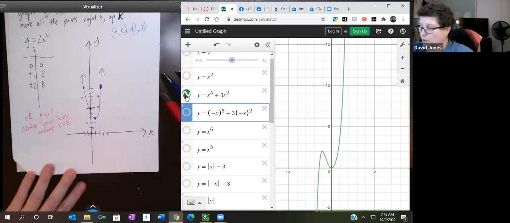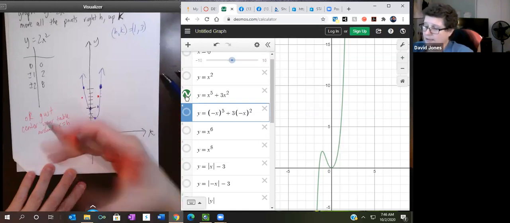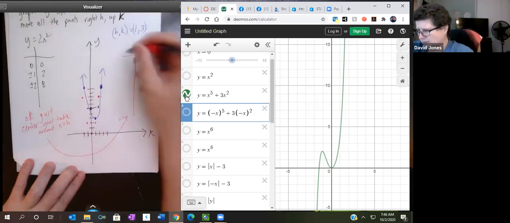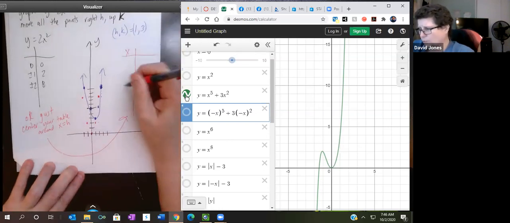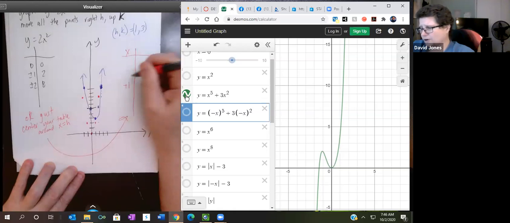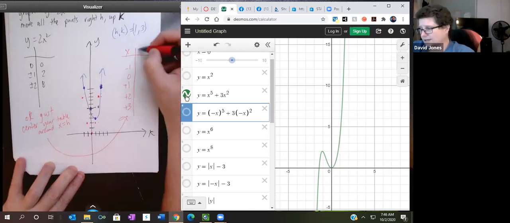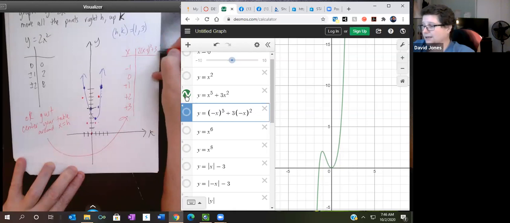H here is 1. So I'll put 1 there, positive 1 there. I'll go left 2 and right 2. And then calculate 2 times x minus 1 squared plus 3.